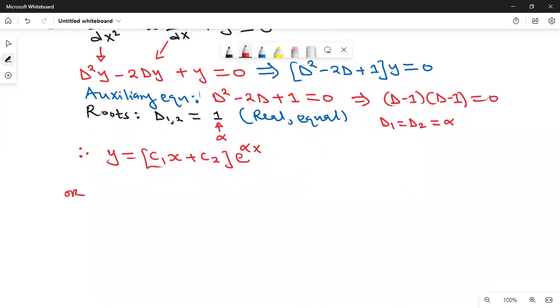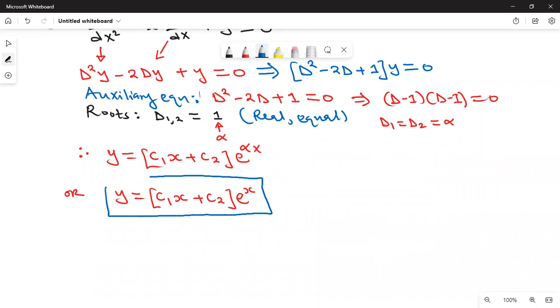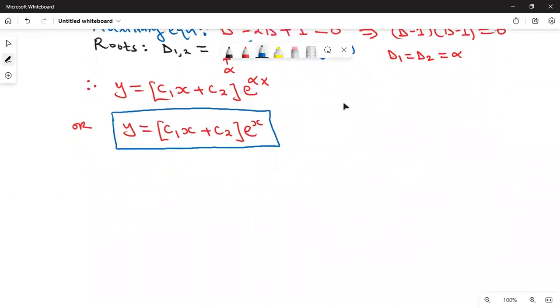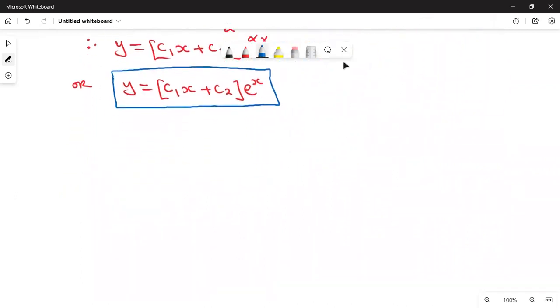So y is equal to C1x plus C2 exponential 1x, which is just exponential x, because alpha is 1. So that is our general solution, where C1 and C2 are arbitrary constants, which you can determine their values if you're given some initial conditions to apply.